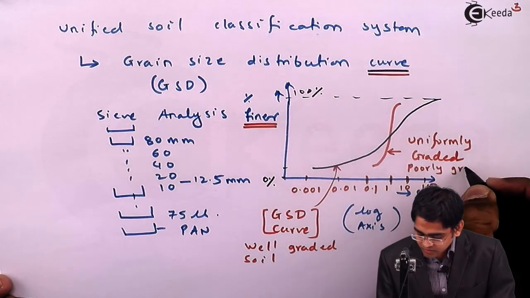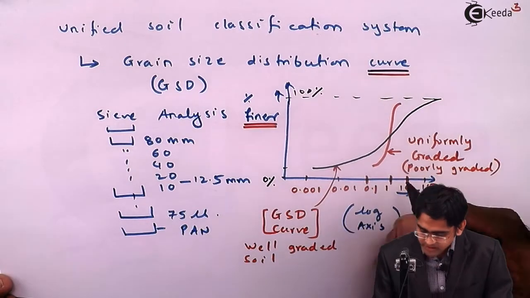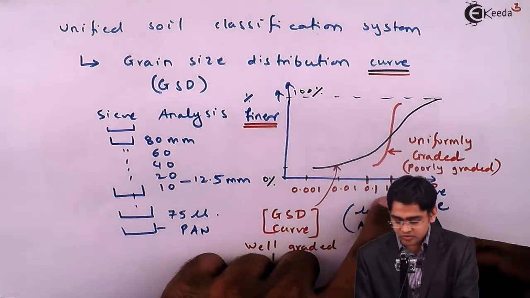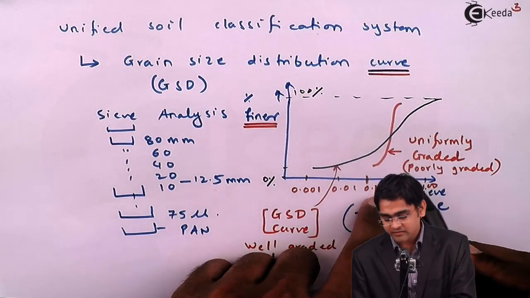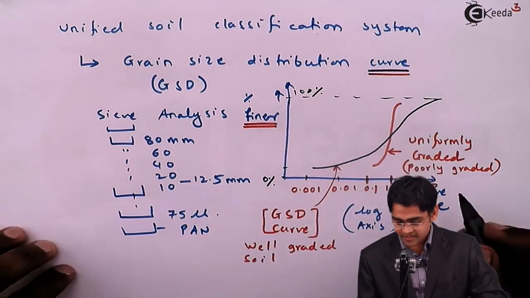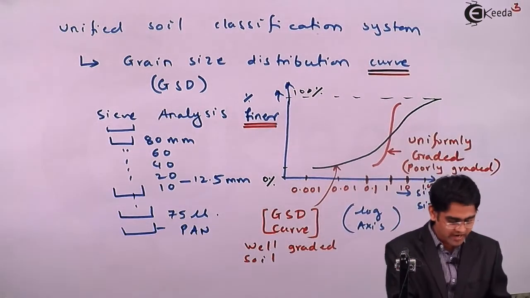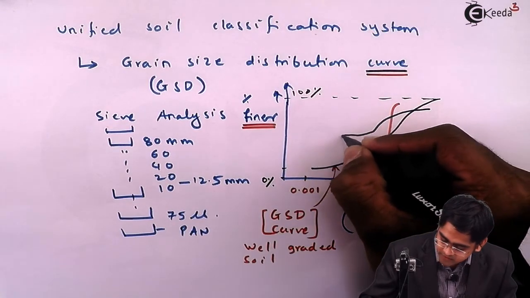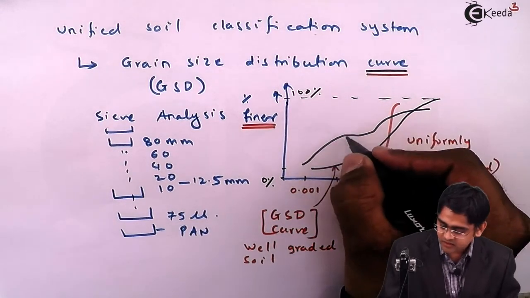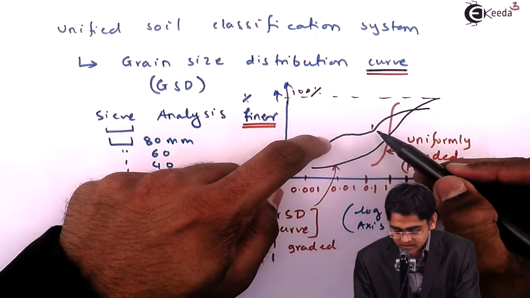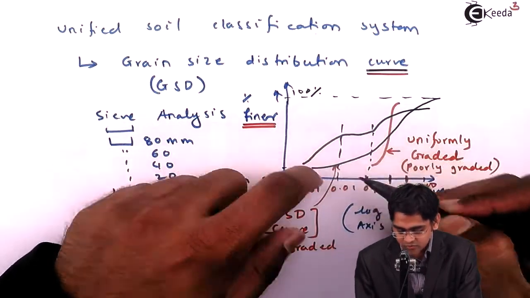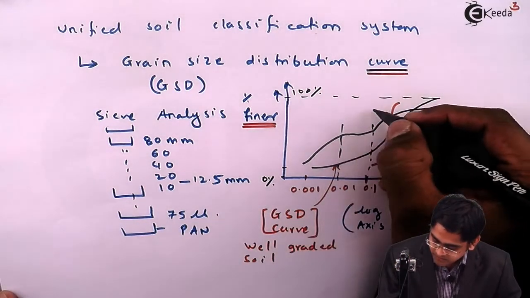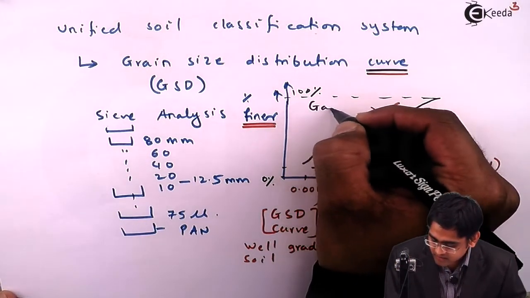Remember, it's poorly graded. That means only particle sizes ranging from 1 to 0.1 mm are present, so there is no particle size greater than 1 or less than 0.1 mm. And we have also seen skip graded soil. If you have a relatively flatter region in between, it indicates that the particle sizes between 0.1 and 0.01 are absent. So we have also seen this type of soil, which is gap graded.